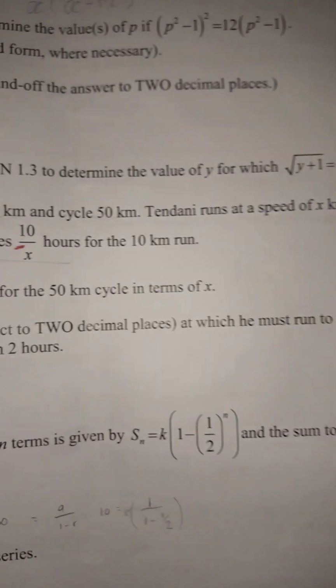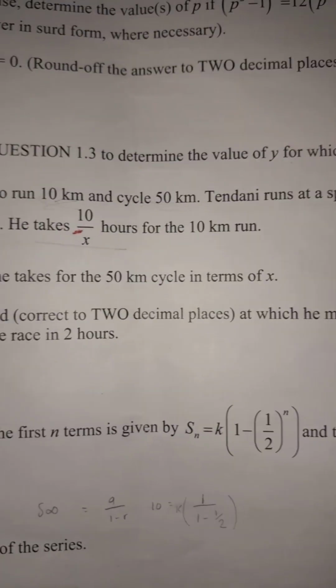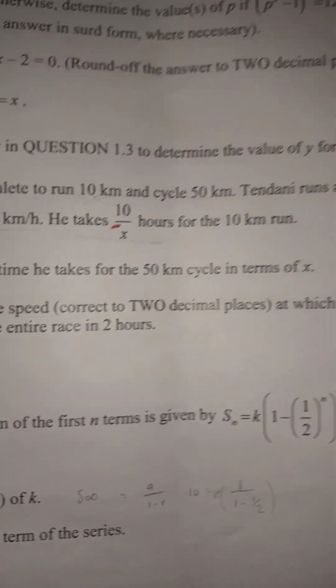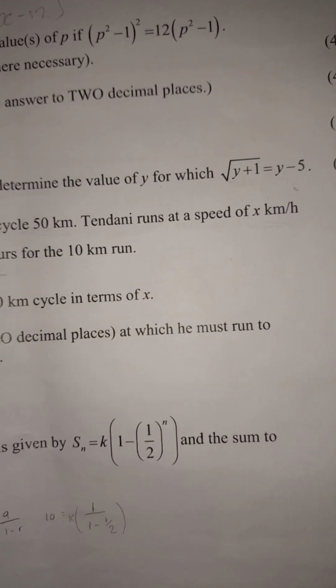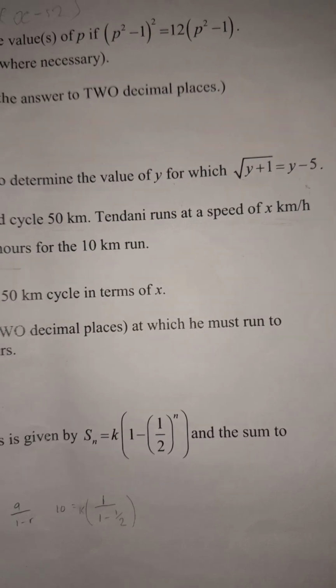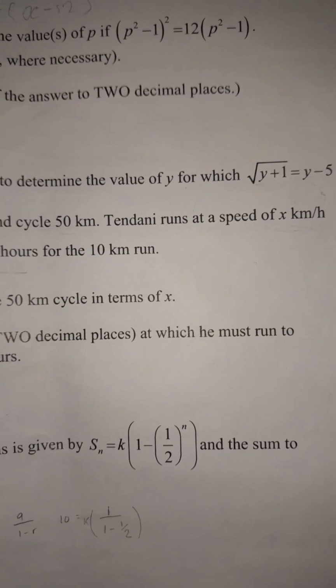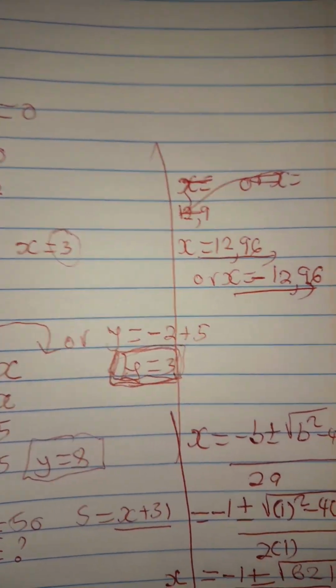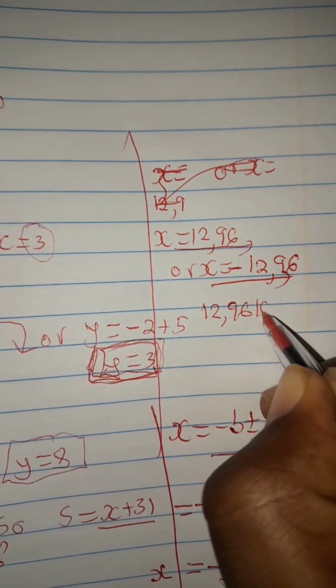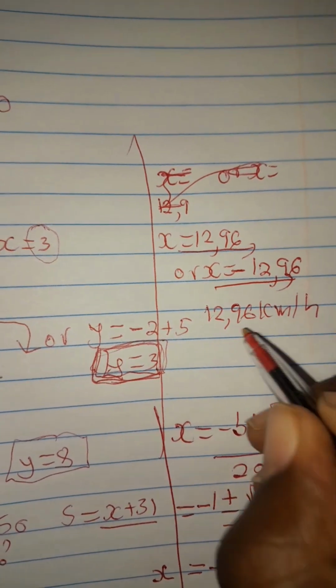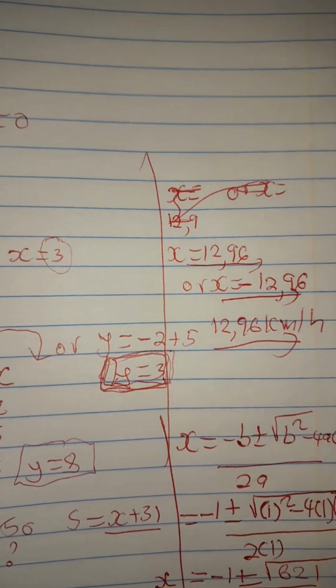To calculate Tendani's speed, remember that we're calculating the speed at which he must run to complete the entire race in 2 hours. So that speed is 12.96 kilometers per hour. So in this case, you run 12.96 kilometers per hour. That's the solution in this case.